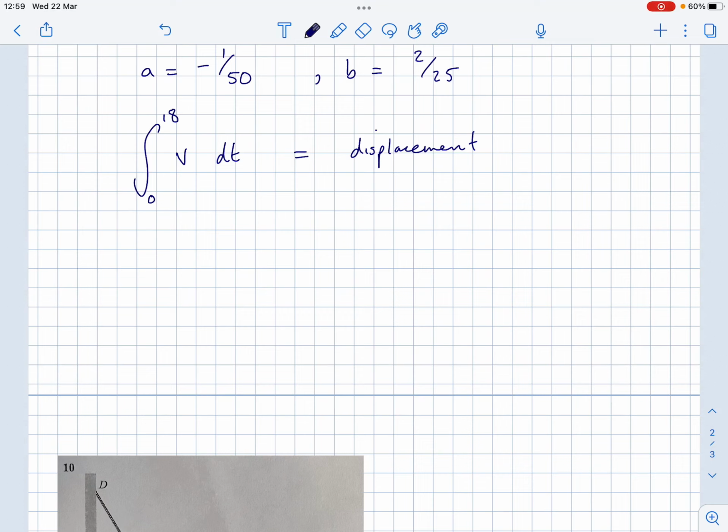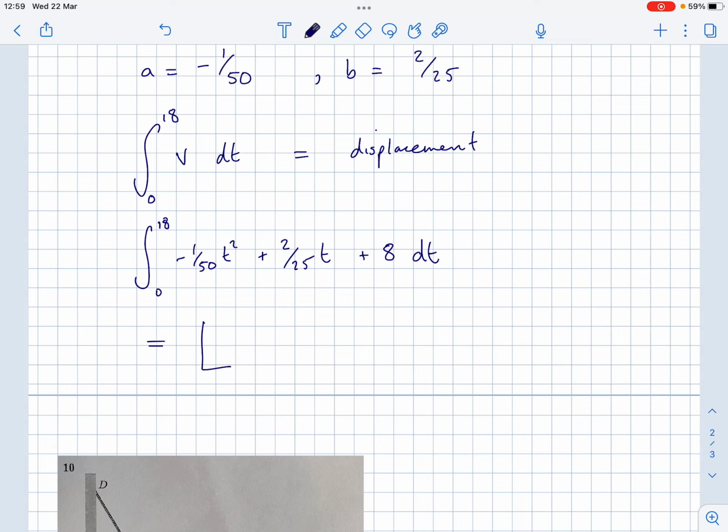And we've found our coefficients for our quadratic. So this is the integral that we're going to complete. Negative 1/50th of t squared plus 2/25 of t plus 8, and we're going to integrate that with respect to t.